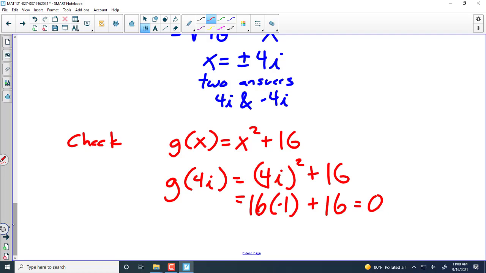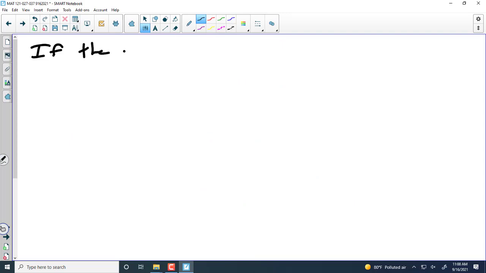So, what can we say? We can say this. I'll say the function, because we're just working with functions in this section.